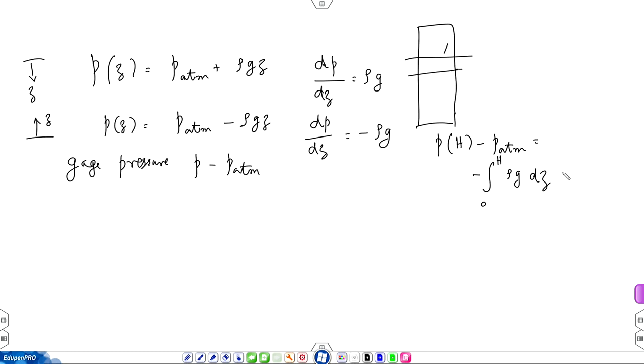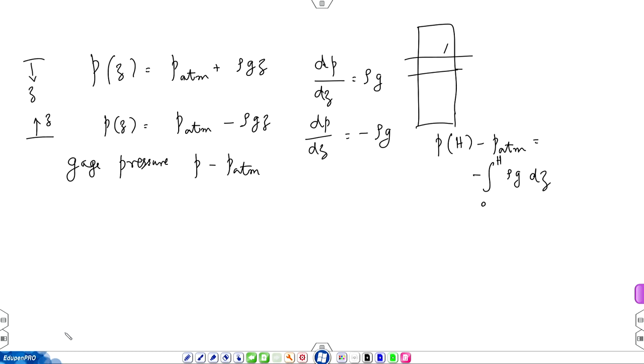So, there are some consequences. You notice that for a fluid at equilibrium, including liquids and gases, under hydrostatic conditions, pressure varies with the depth. The next consequence is pressure varies only with the vertical coordinate.